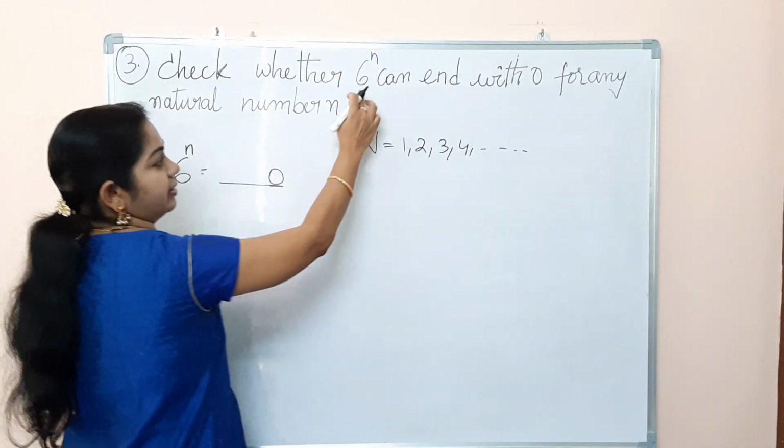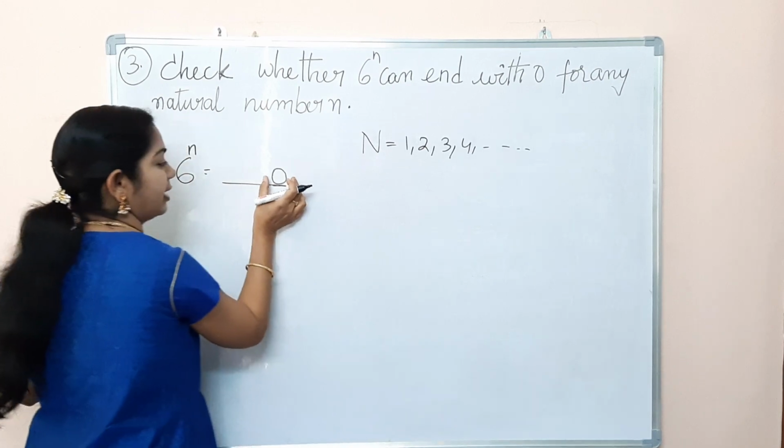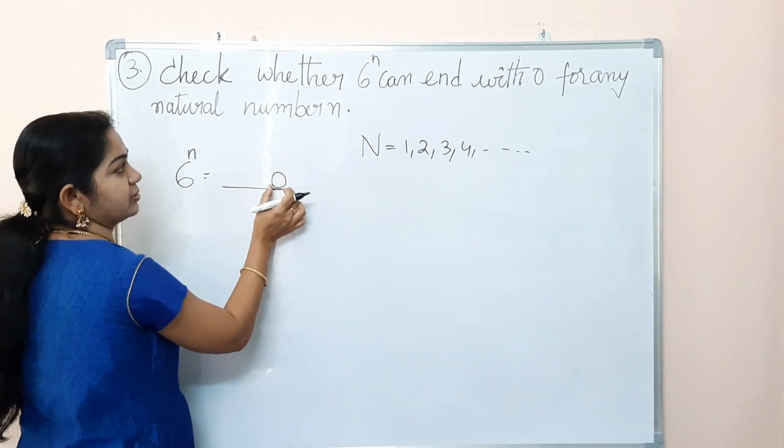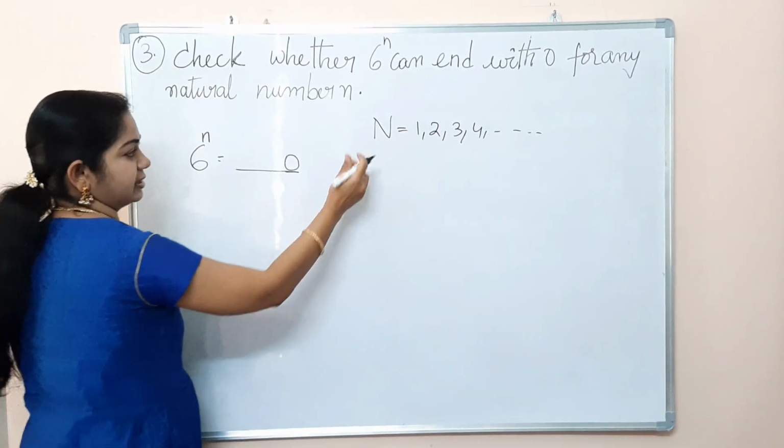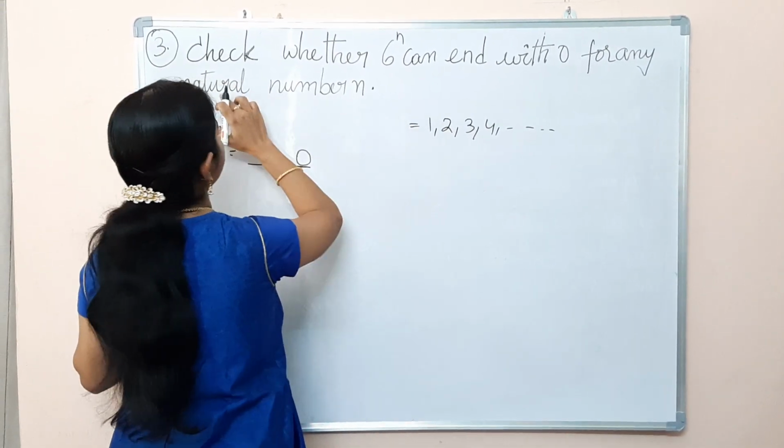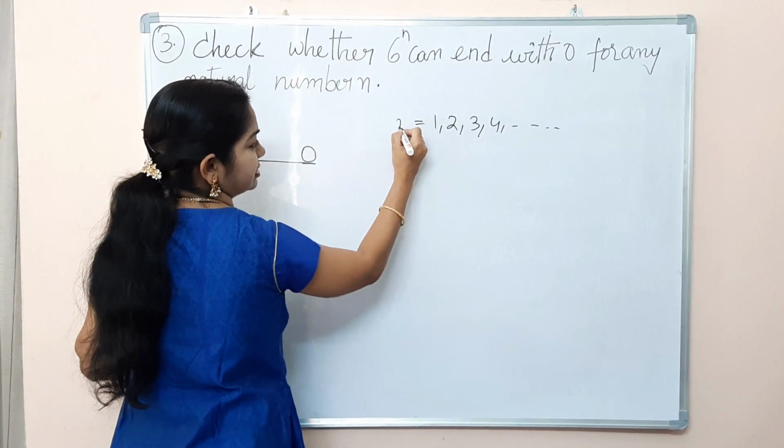Can end with 0 means the last digit, that is the units place, is 0. You have to check it for the natural numbers.